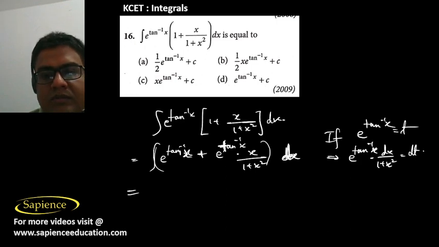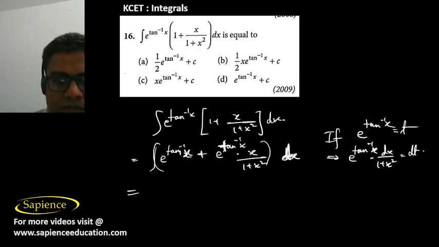So this is e power tan inverse x. So it is of the form.